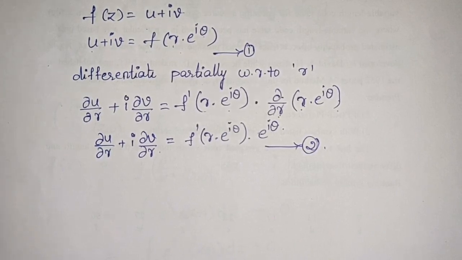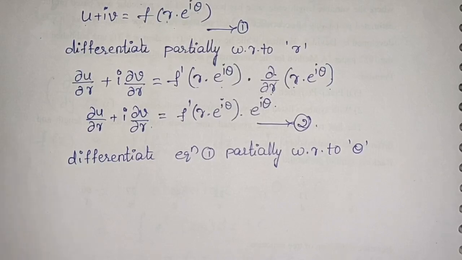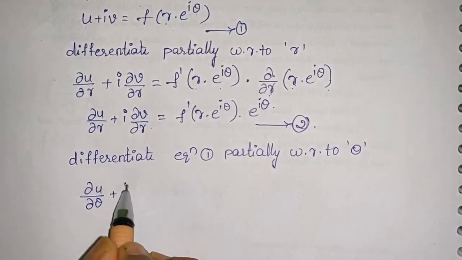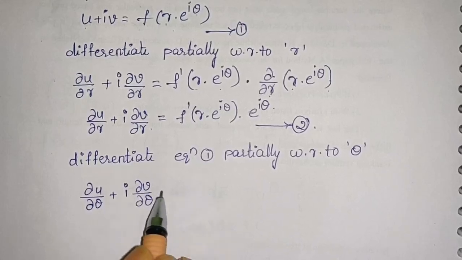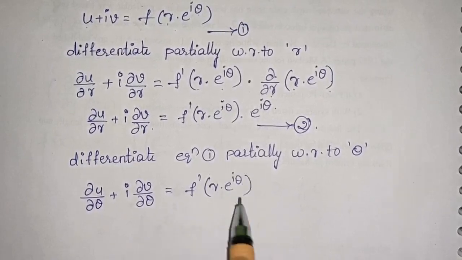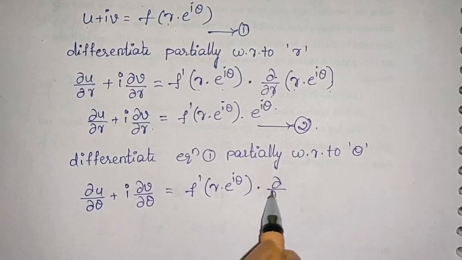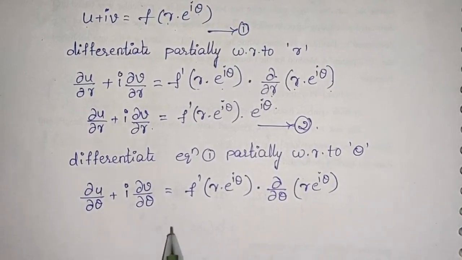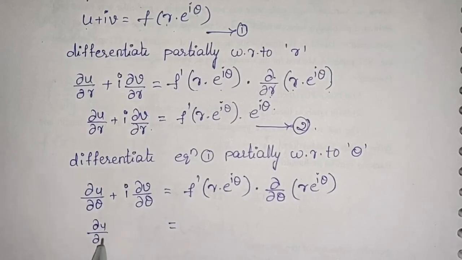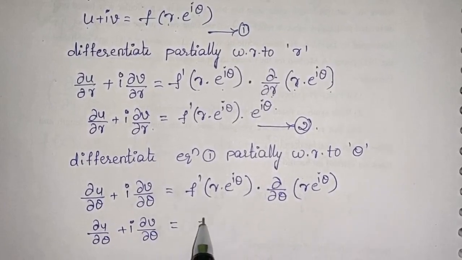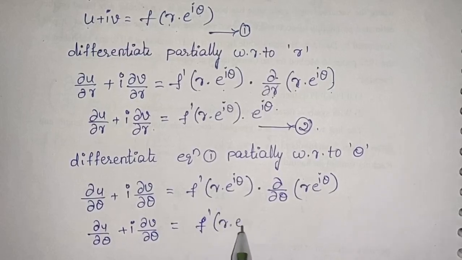Now differentiate equation 1 with respect to theta. Same as above, we get dou u by dou theta plus i into dou v by dou theta equals f dash of r e power i theta into again dou by dou theta of r e power i theta.